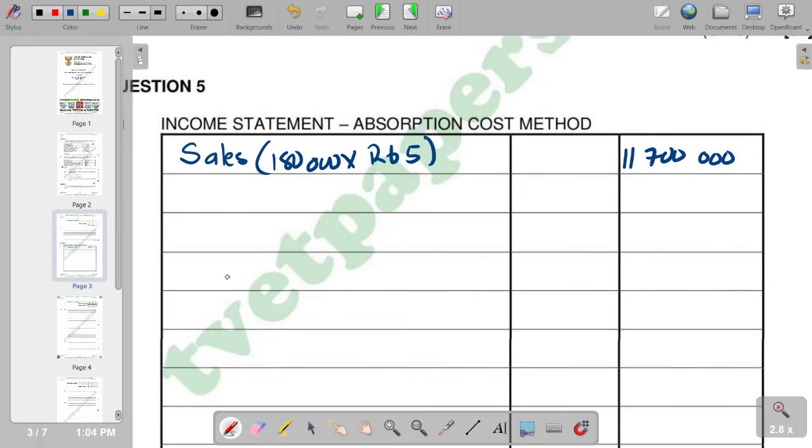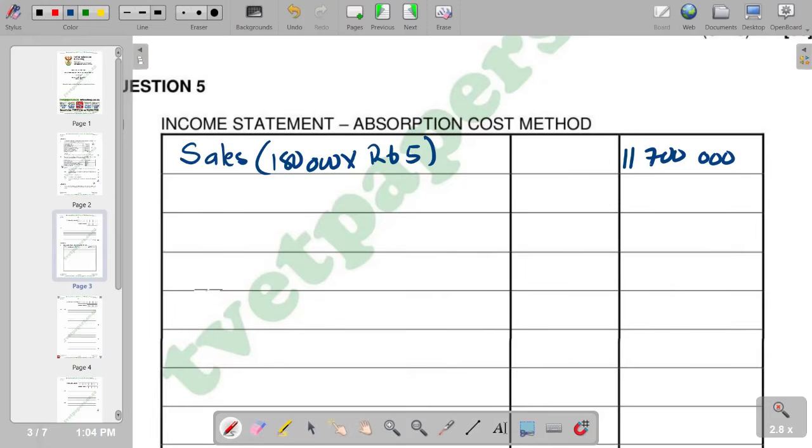Basically, this is what we have for that part. Then we are supposed to subtract the production cost first. Remember, in the production cost, we have the variable production cost, whereby we have direct material and direct labor, which we subtract first. Then we go to the fixed manufacturing overheads, and we can also have variable manufacturing overhead.